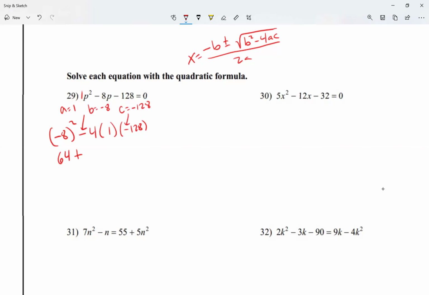And then I'm just going to multiply my numbers. 4 times 1 times 128 gives me 512. Well, 64 plus 512, I know that is 576.